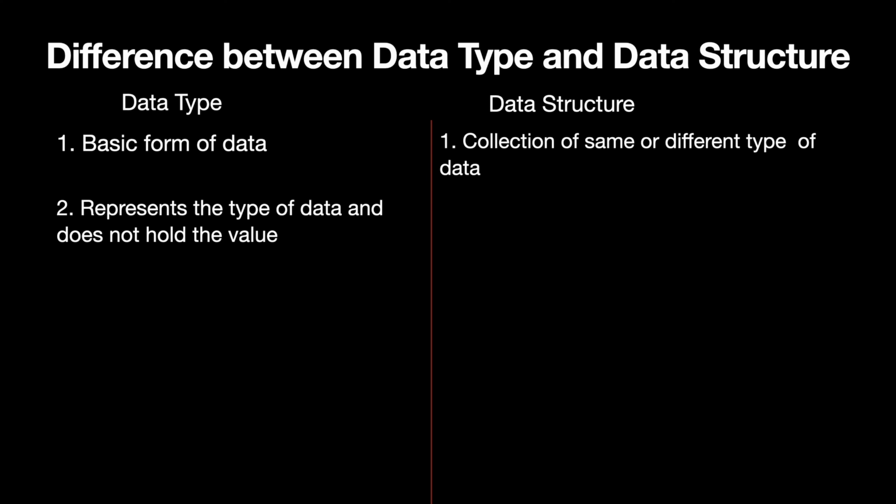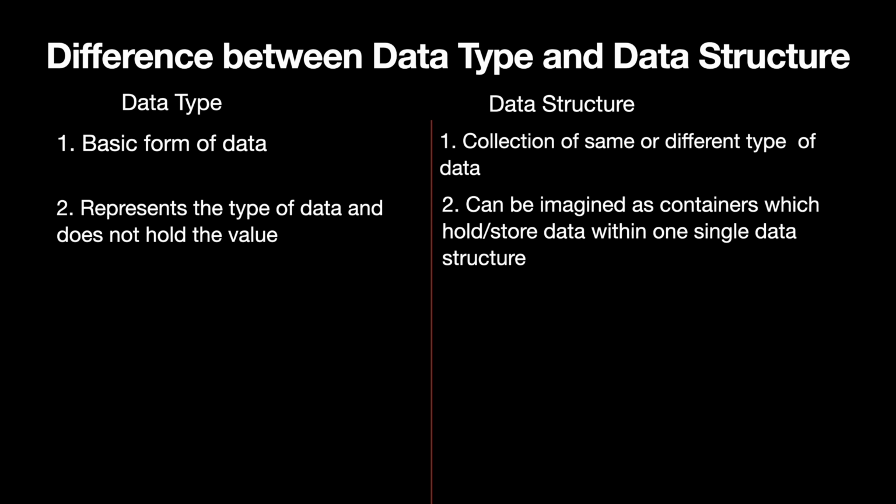Here we are saying that x is going to be of type integer, it is not holding any value. The moment we assign it, like int x is equal to 5, it holds the data, and then it becomes a type of data structure. As I said in the first slide, it is like a container which is going to hold or store the data within a single data structure.